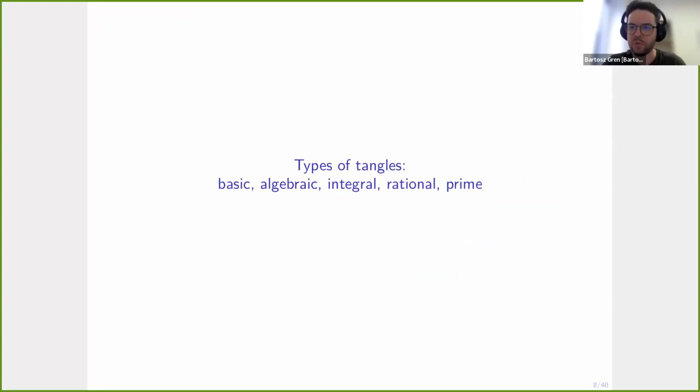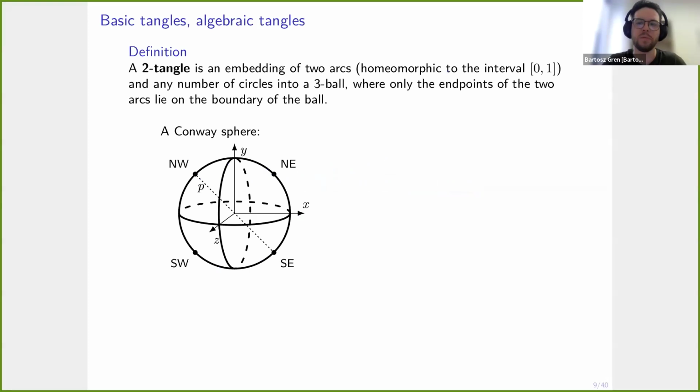So now I want to introduce you to types of tangles, starting from the basic ones, and how we define a tangle. From the intuitive point of view, we can just say that tangles are part of a knot diagram, as I said when I talked about the creation of knots during Conway's method.